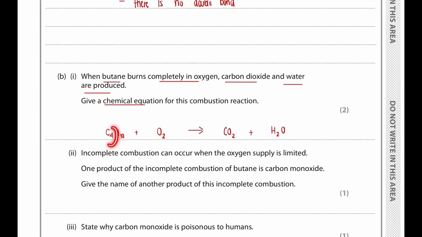So we have 4 carbon here, so I'll put 4 here, and then we have 10 hydrogen here, so I'll put 5 here. So total oxygen on the right hand side will be 4 times 2, 8, plus 5 times 1, 5, so it is equal to 13. So I'll put 13 over 2 here in order to make oxygen equal to 13.